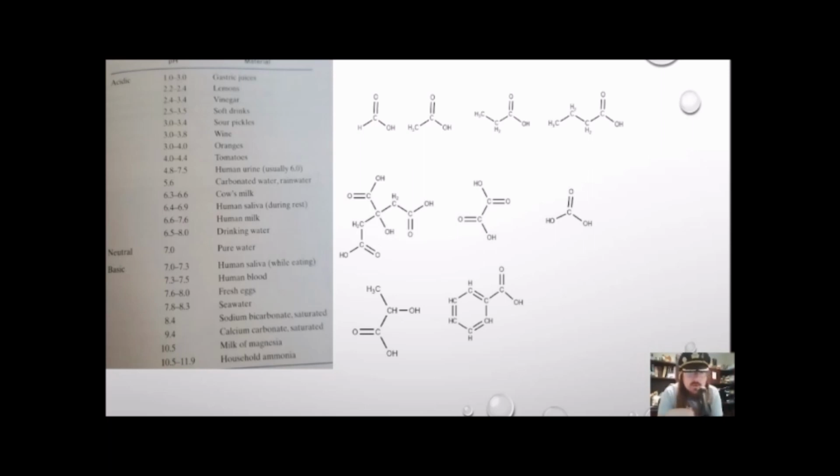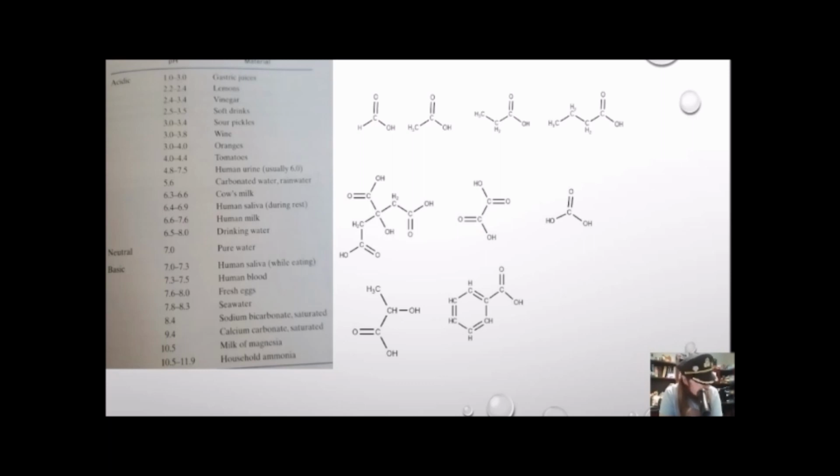The smallest carboxylic acid is formic acid, which is present in the sting of red ant bites, which kind of tells us the name. Formic is from the Latin formica, which means ant. If you wanted to name it like IUPAC, you'd probably call it methanoic acid.